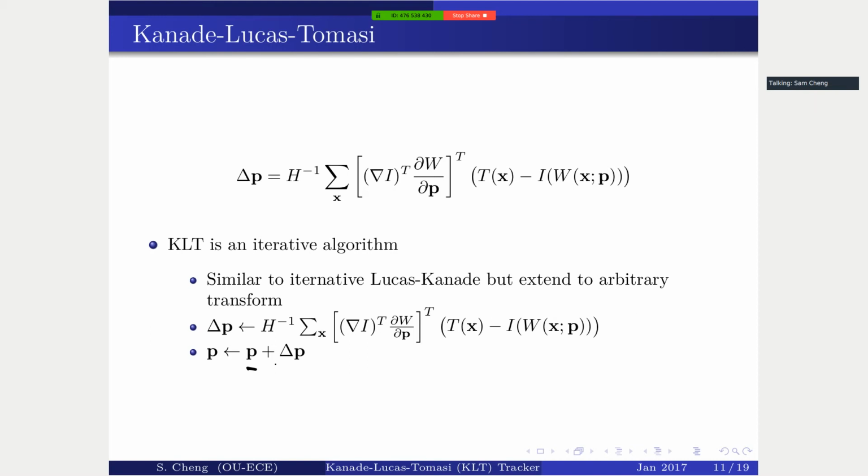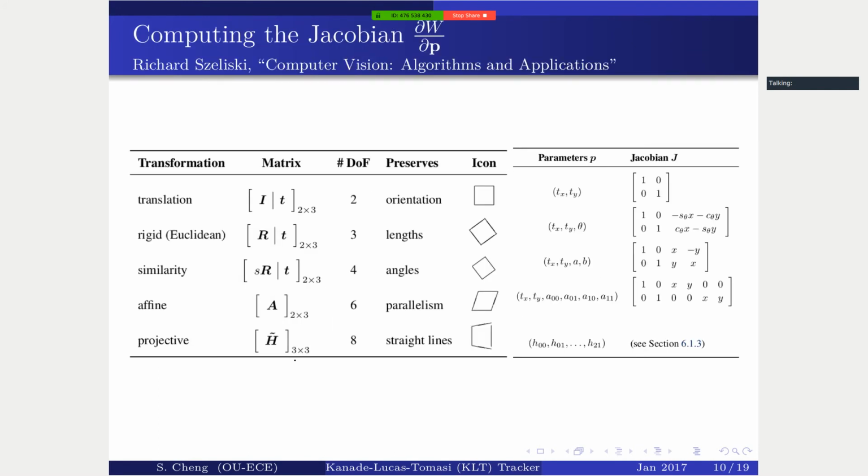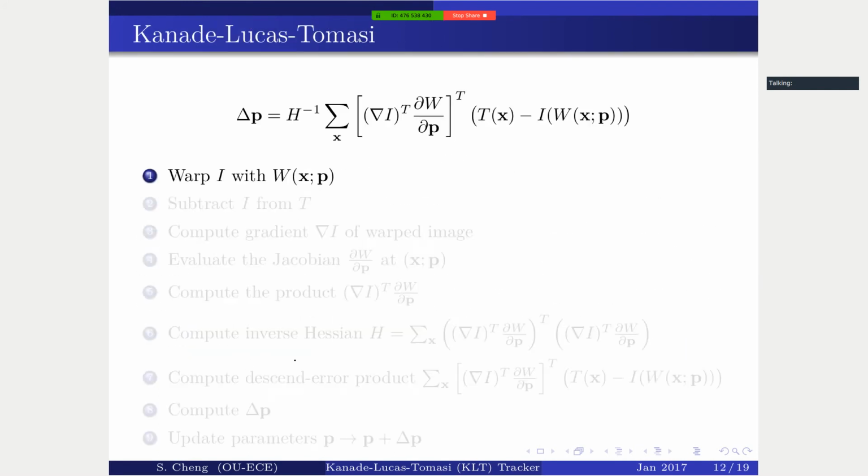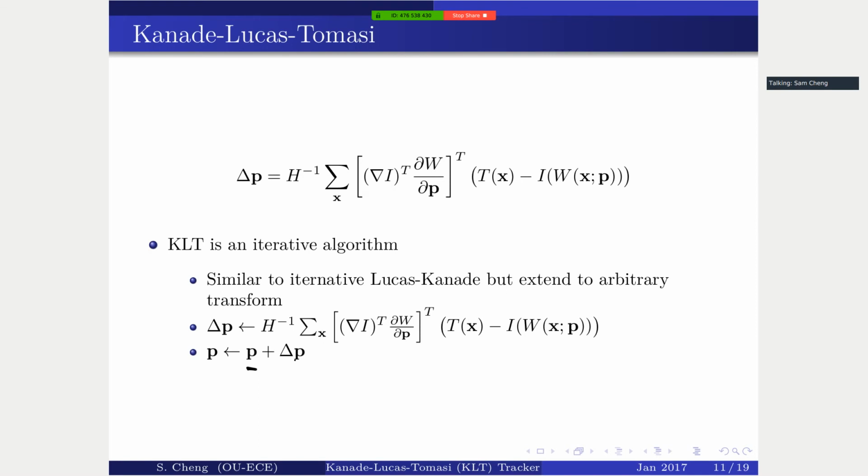But what delta P is pointing to is actually the minimum location there. So supposing I add P to delta P there, every time we'll go closer to the minimum there.